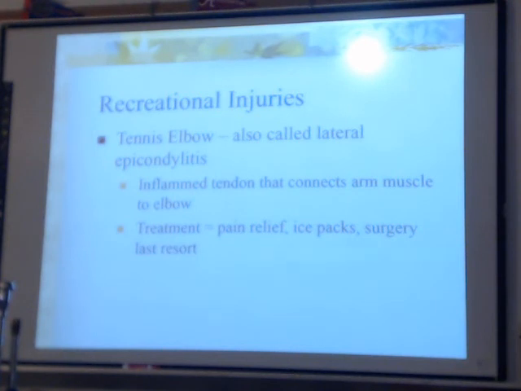If it doesn't heal, then sometimes they have to go in and clean out that elbow with surgery. So remember, tennis elbow is generally considered a recreational injury, but not always. It's repetitive use of the arm. I have seen people who play the Wii get tennis elbow. So that's kind of funny, but I have seen that.